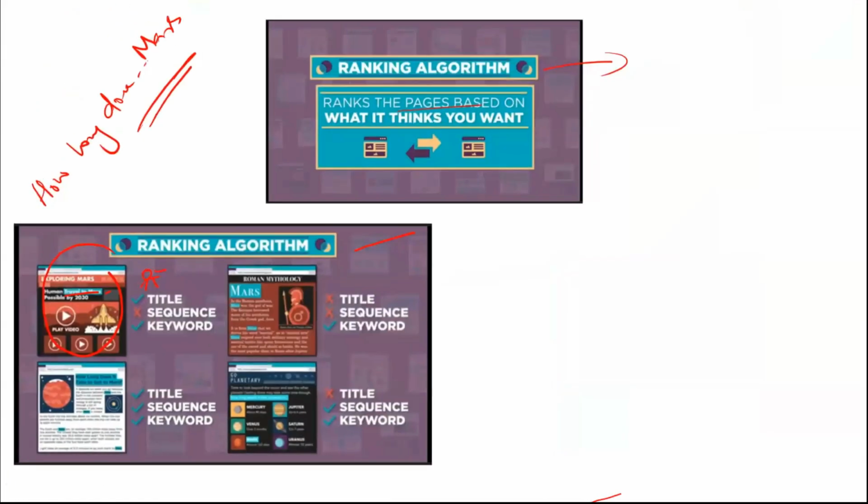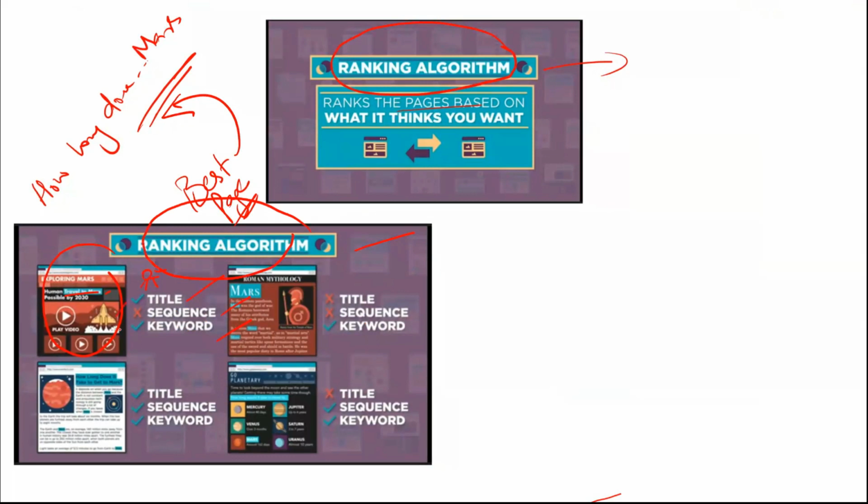Okay, so if I zoom out, what's happening over here is the ranking algorithm is checking a series of parameters. It is the algorithm written by software developers for the search engine to find the best page. The question over here is to find the best page matching our query. How does the search engine do that? Using the ranking algorithm.